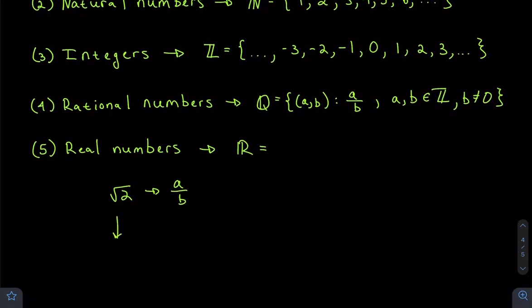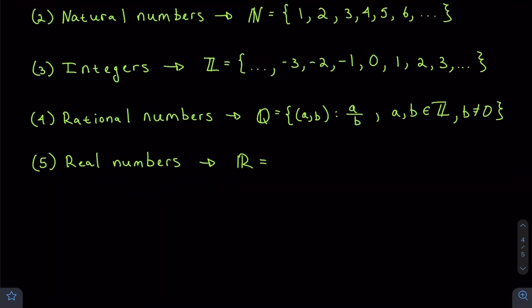We could write it as a general ratio of square root of 2 over 1, but square root of 2 itself is not a rational number. So this is not a rational number in general. And there are many more irrational numbers like pi, or the square root of 3, the number e, and many, many more. So that's what the real number set is.